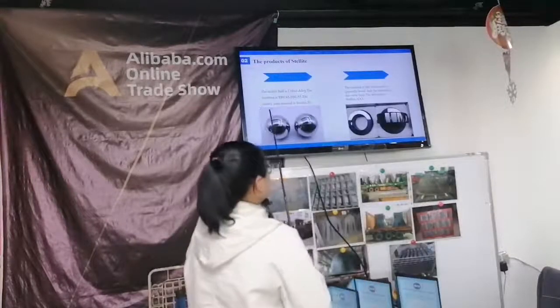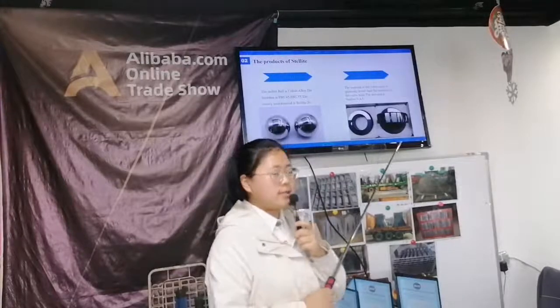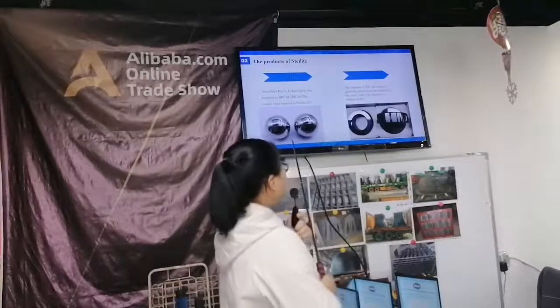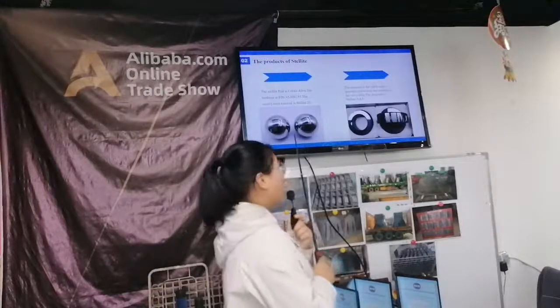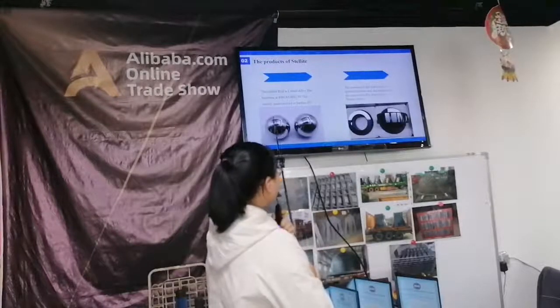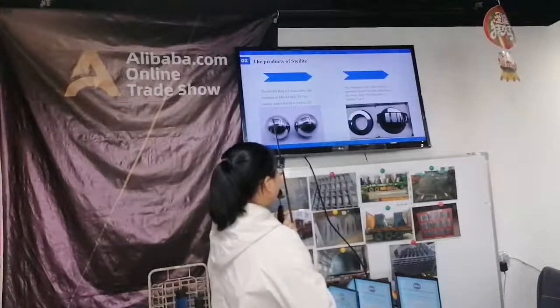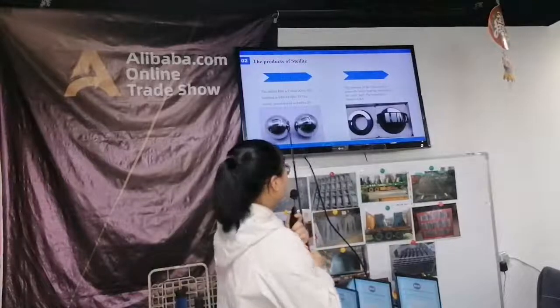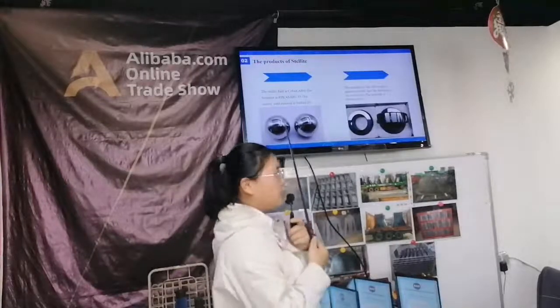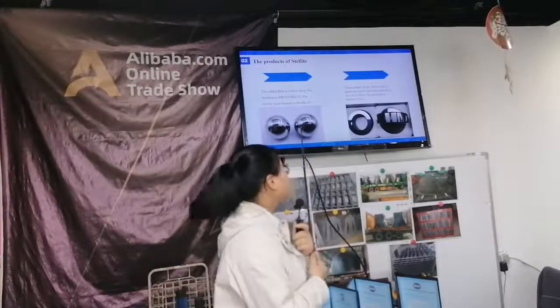Next, the products for Stellite balls and seats. This photo is Stellite balls. The Stellite balls are cobalt alloy. The hardness is HRC35 to HRC55.